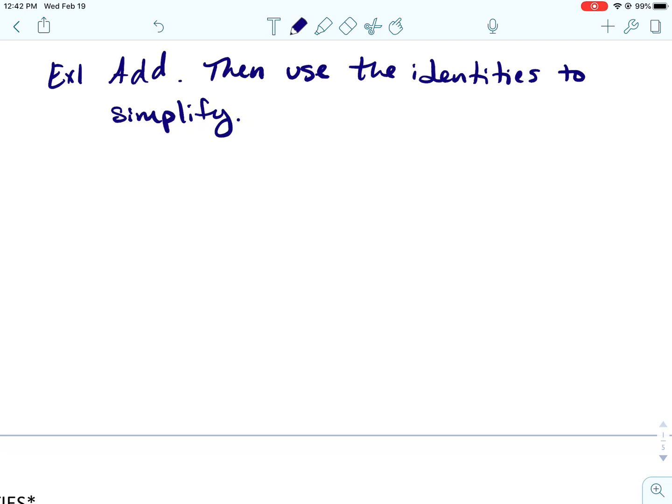All right, so our first fraction is sine of theta over 1 plus cosine of theta plus cosine of theta over sine of theta.